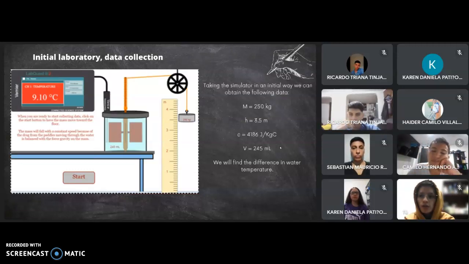We have to calculate the mass of water with the density formula, since its volume is 245 milliliters. We will find the difference in water temperature. Next, please.